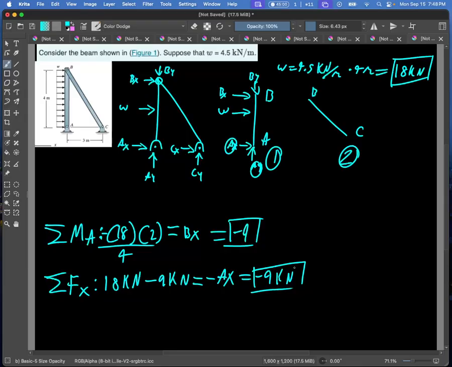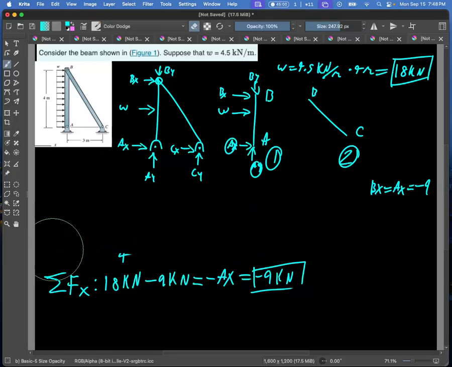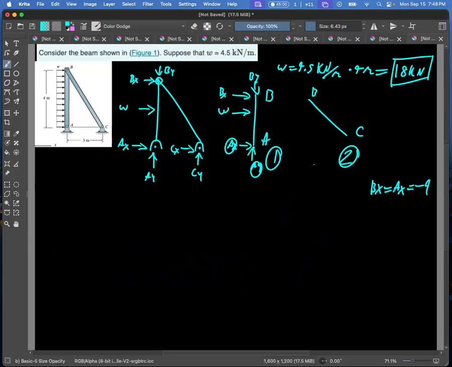Makes sense. So we've got those two. I can write them right here. BX equals AX equals -9. And that's about right.